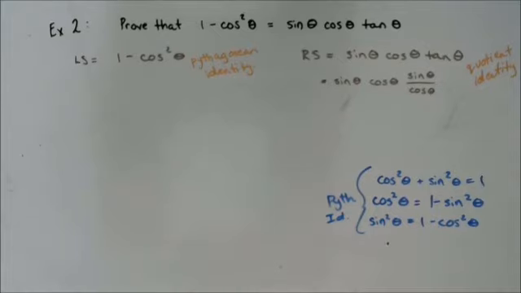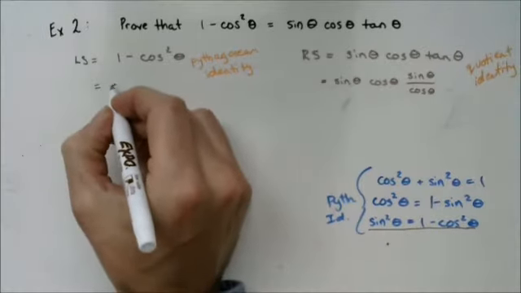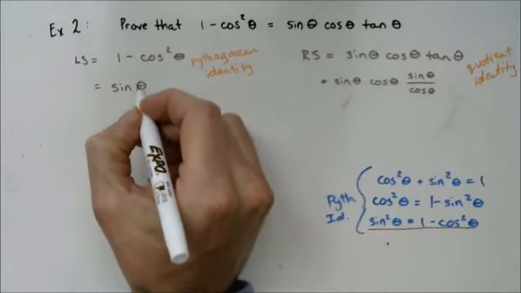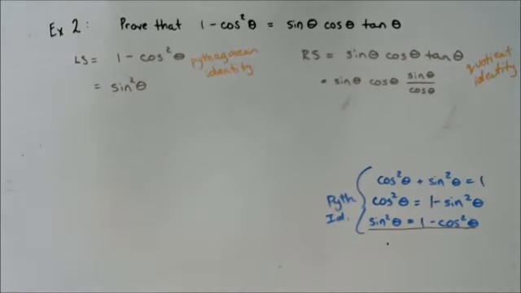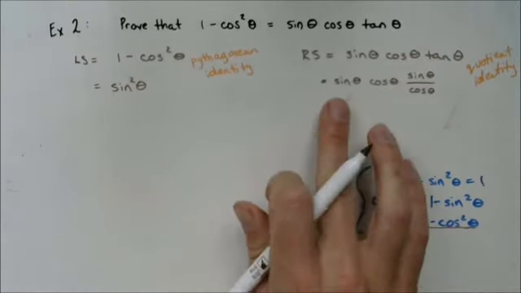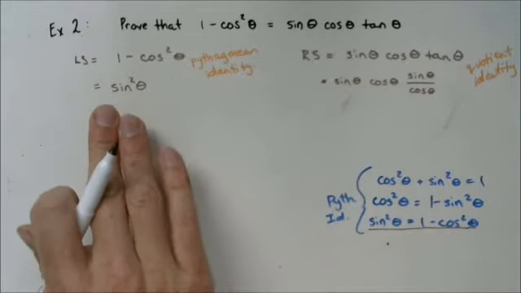Okay? So what we have here on the left is 1 minus the cosine squared of theta, which is right down here. It's equal to the sine of theta squared. All right? Now over here, that's as reduced as we're going to get that left side.